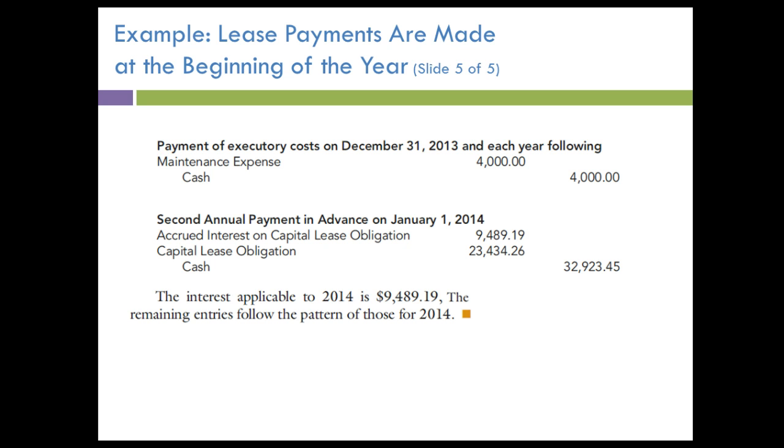Also, any of the executory costs are going to be expensed each year as just an ordinary expense in the period. And as you can see here, we show the second annual payment. The entire amount is going to be shown as a capital lease obligation. The entire amount of $32,923.45 is treated as cash. The portion that is accrued interest is going to be offset. The difference will then be that capital lease obligation in year 2.